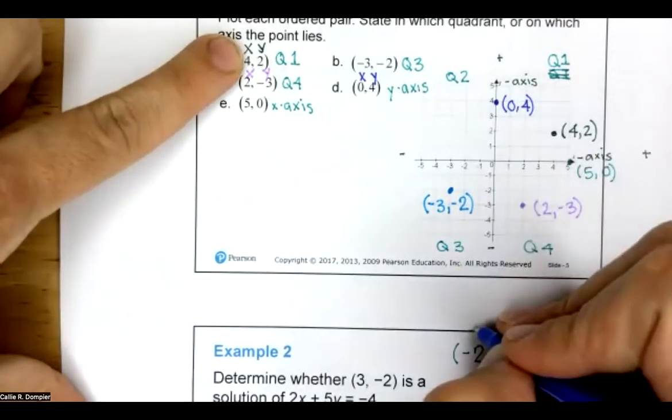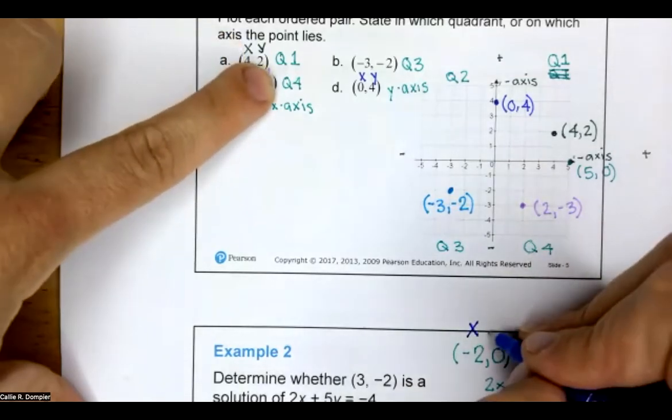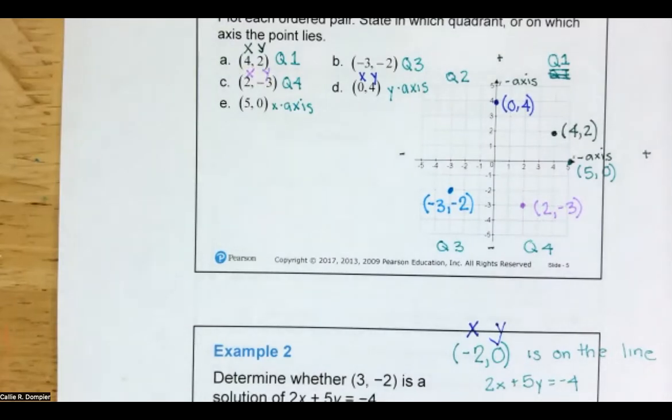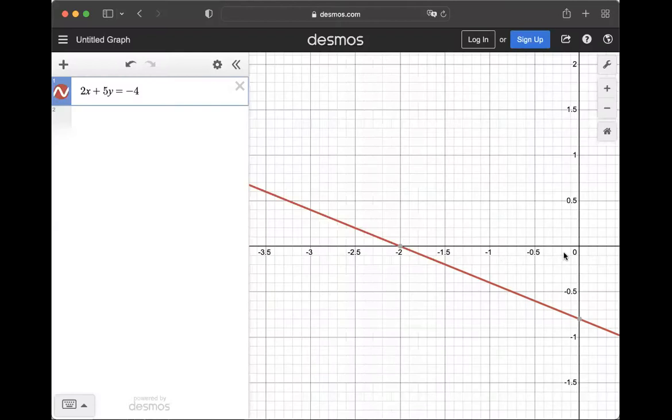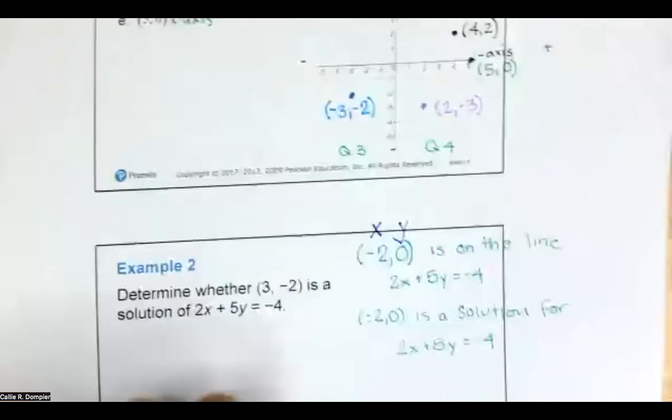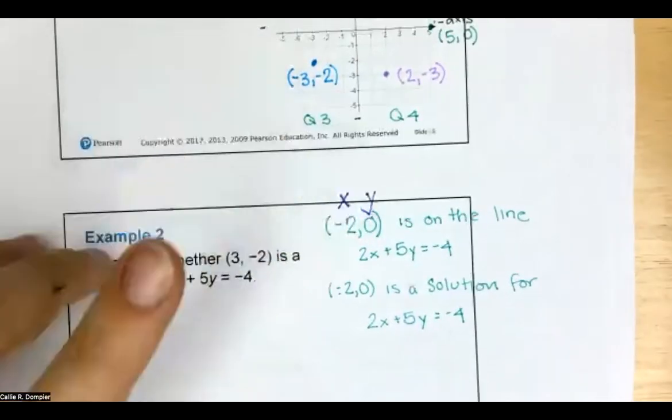If I look at it on the graph, if I am at the origin, on x I go -2, on y I do not move off of 0. I'm at the point (-2, 0). We started at the origin, we went to the left 2. So -2 is my x, 0 is my y.